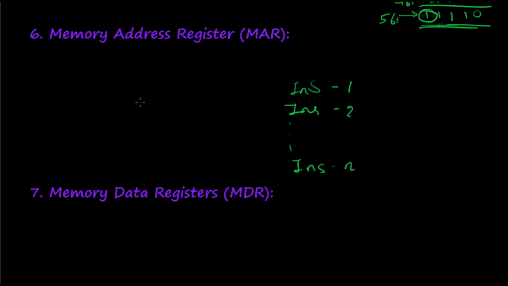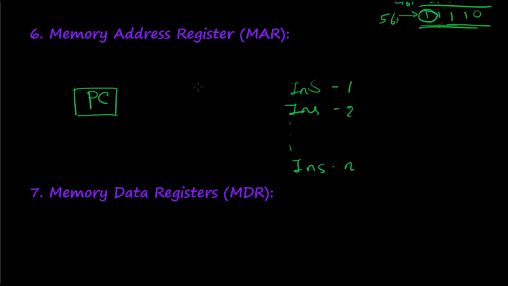Now sometimes what happens is this program counter, I told you what this program counter does, it actually locates the next instruction that needs to be executed by the CPU. Now the program counter is not directly attached to the address bus. Why? See, a bus is a wire, actually a pathway for connection.